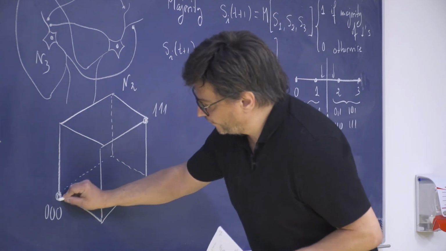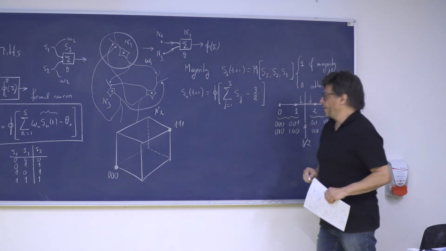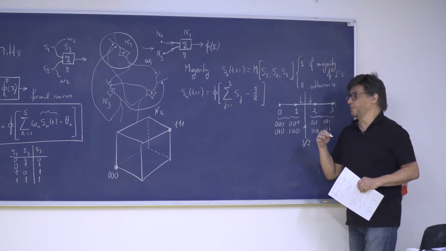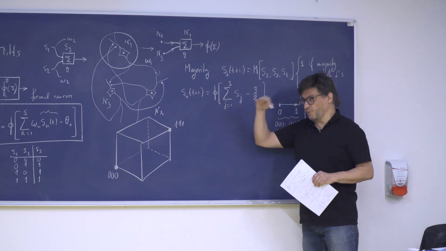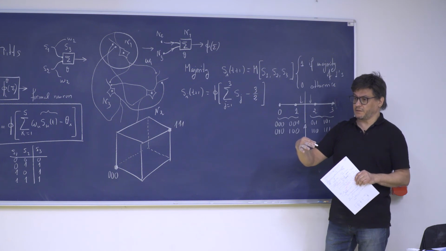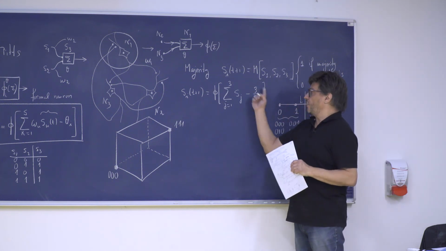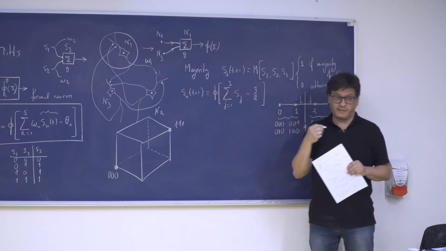How does it look? You can make the table if you want, the Boolean table with all the potential states, and since every single element goes into the same next value because they are all affected by the same function, it's very easy to do.